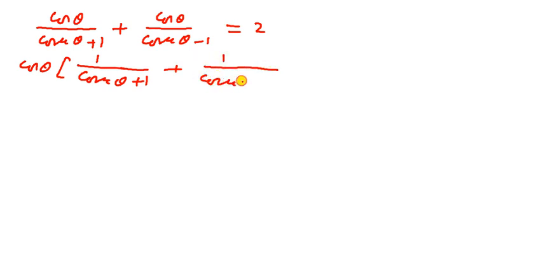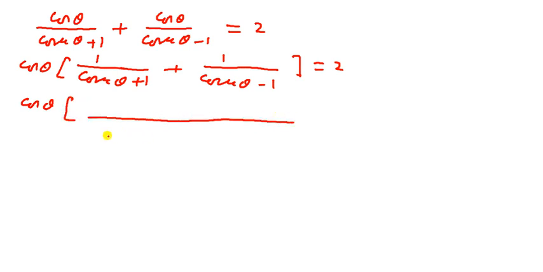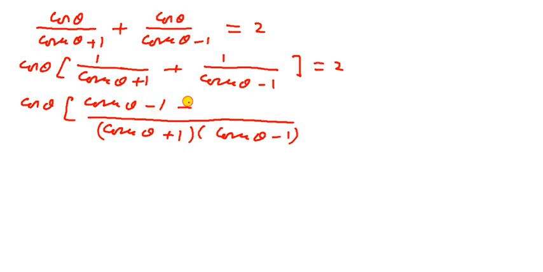Now taking cos theta as common, we get 1 upon cosec theta plus 1 and plus 1 upon cosec theta minus 1 is equal to 2. So taking their LCM, it is cosec theta plus 1 and cosec theta minus 1.